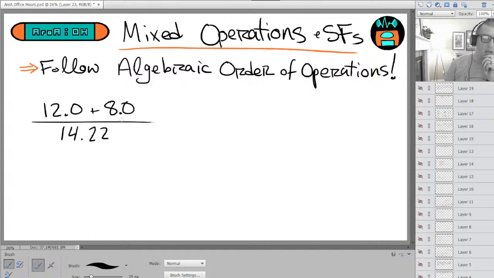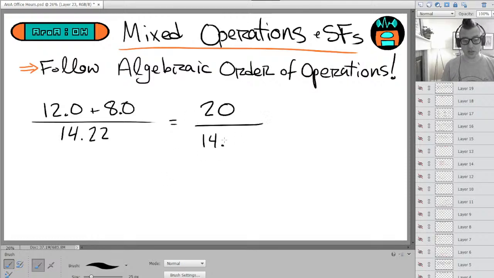So first, the rules for addition, subtraction. 12.0 plus 8.0, if you punch this into your calculator, will tell you that the answer is 20, but you have to ask, what are my rules for sig figs? One of the things you'll notice is that 12.0 and 8.0 actually have the same precision.